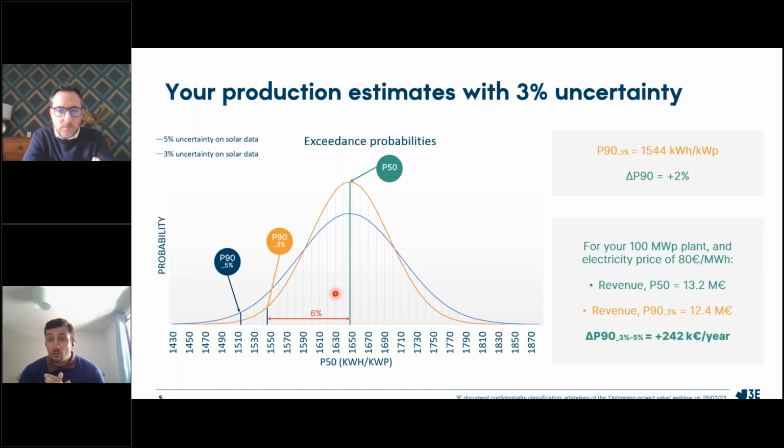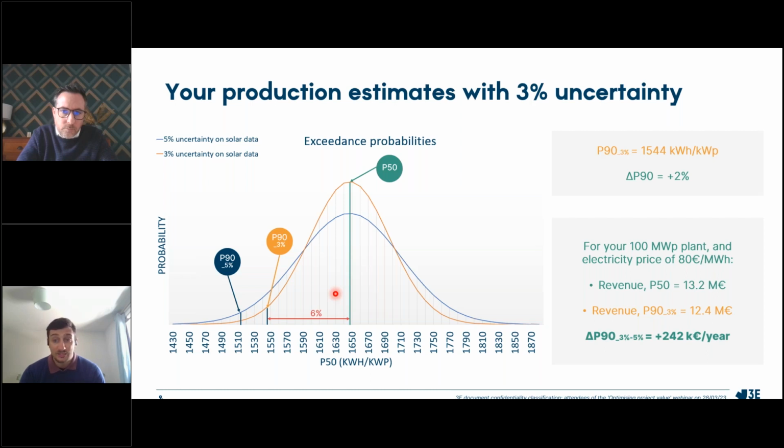If you look at more numbers, the money side, your P90 has then increased in terms of value, and it went from 12.1 million per year, pretty much to 12.4 million per year. So mathematically, just by choosing more accurate solar irradiation data for this specific project, you have increased your P90 value by 242 euro per year.